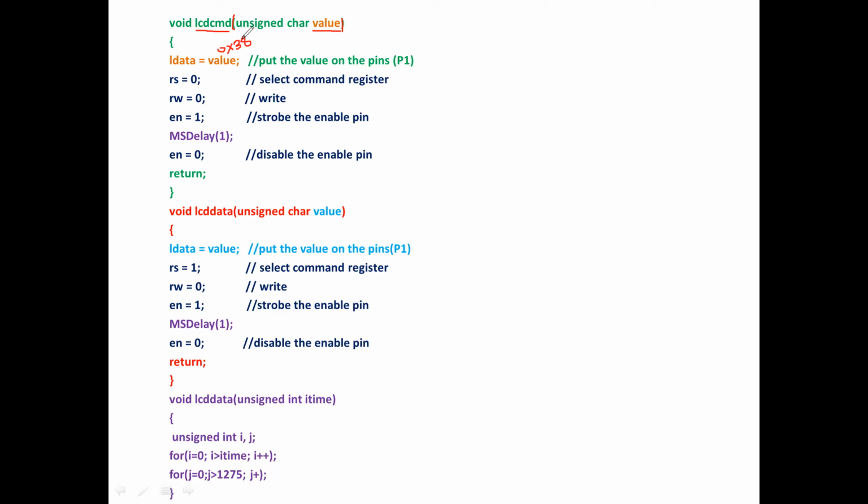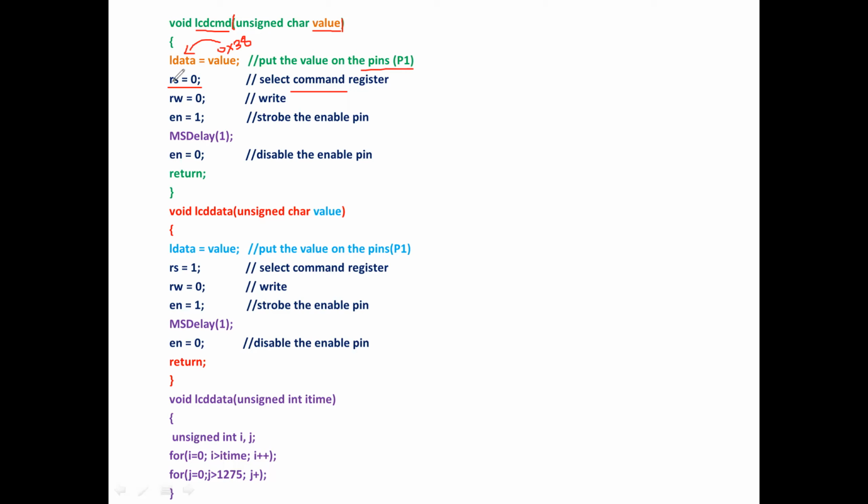I am moving this value to port 1. Now in port 1, I have my data, that is the command 38. How will you tell the LCD it is a command? Just put RS equal to 0, so the command register is selected in LCD.